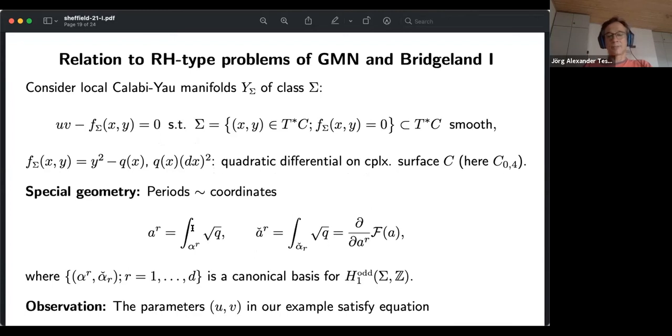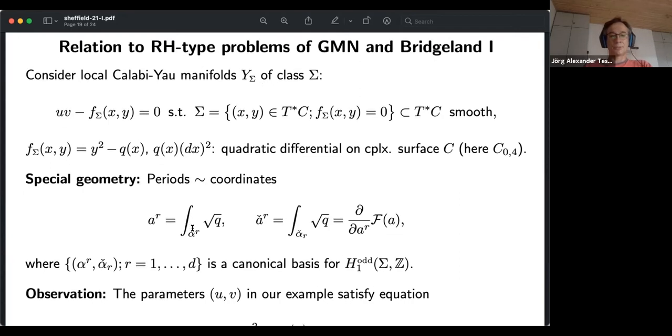What I'm describing is closely related to the solution of Riemann-Hilbert type problems as proposed by Gaiotto, Moore, and Neitzke, and the variants that were made mathematically precise by Tom Bridgeland and collaborators and other subsequent works.